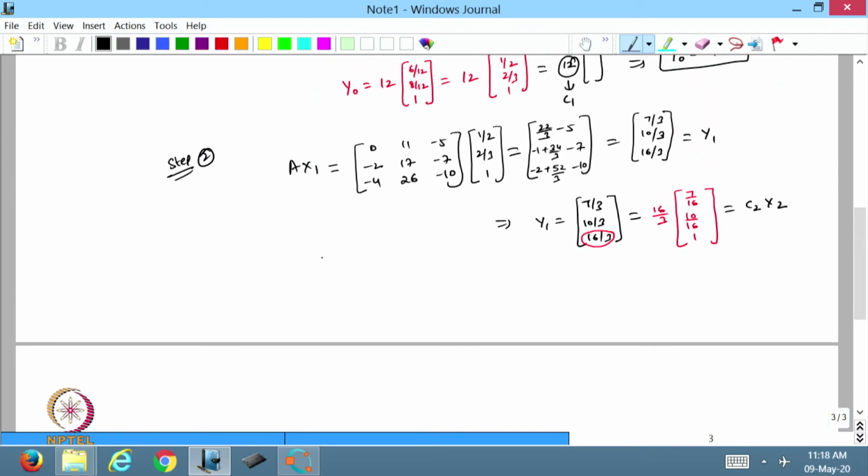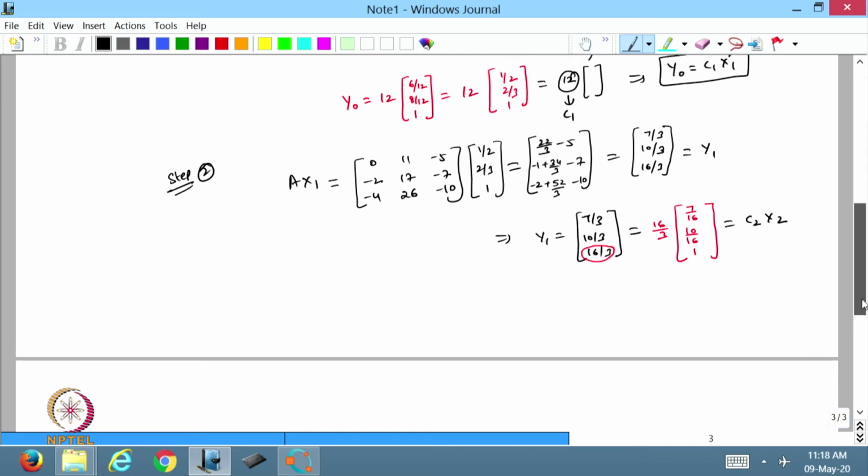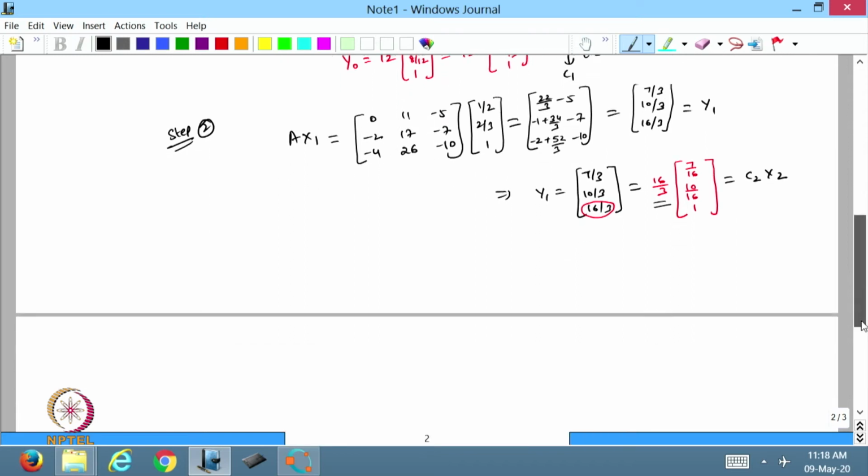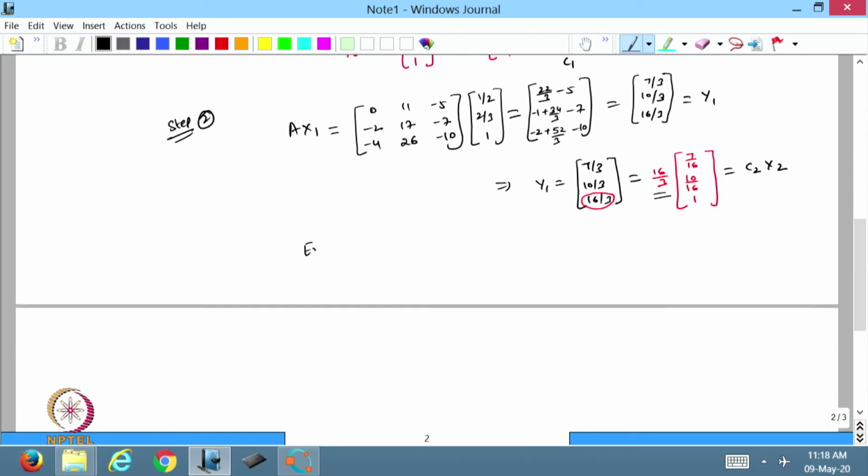I want to find that in the previous one you can see that my C1 was 12 and now the C2 is 16 by 3. So, how will we find the error? Error at each step, because we have to find the error at each step. I can find the error in two ways.